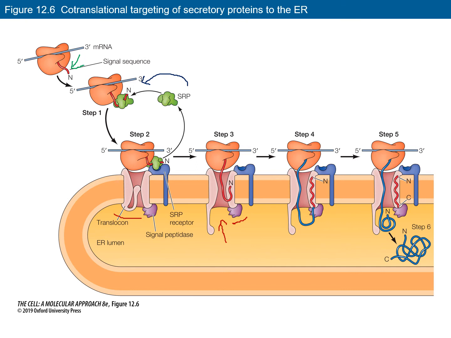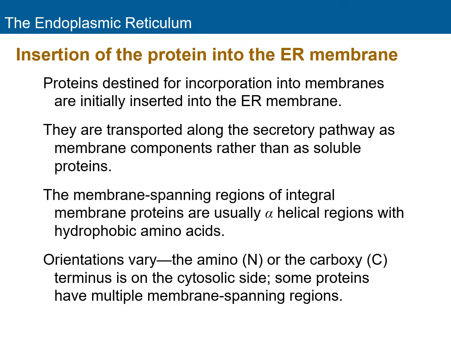As the signal sequence comes through, this peptidase recognizes it, removes it, and then the rest of the polypeptide comes through. And once it is there, then it gets trapped. This is where it is destined to come. This is where it was targeted to come.